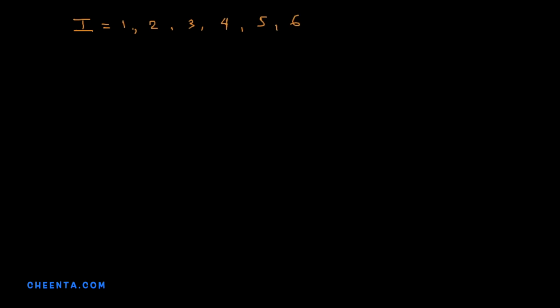And what do we need to check? Well, we need to check whether x squared equal to 7I minus 5 has a solution or not. Okay, how do we check that? That's easy. Plug in I equal to 1. So if I is equal to 1, we know that x squared is equal to 7 times 1 minus 5, which is 2, or x is equal to square root of 2.